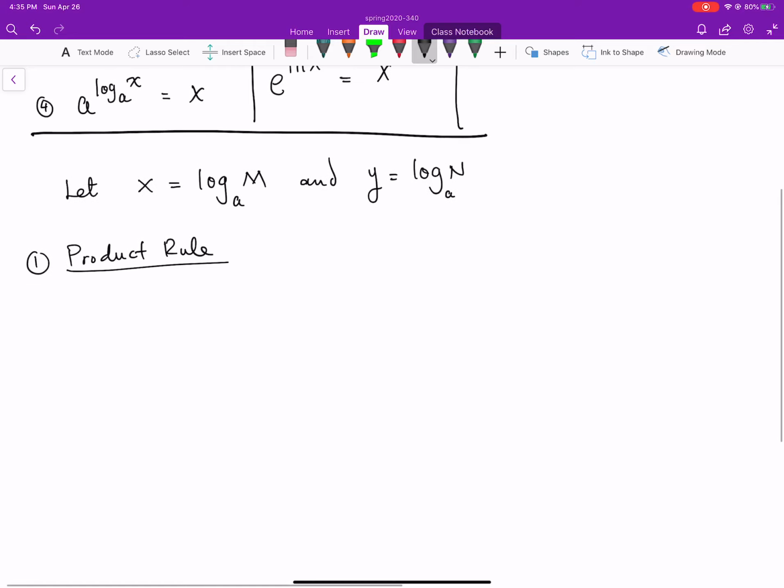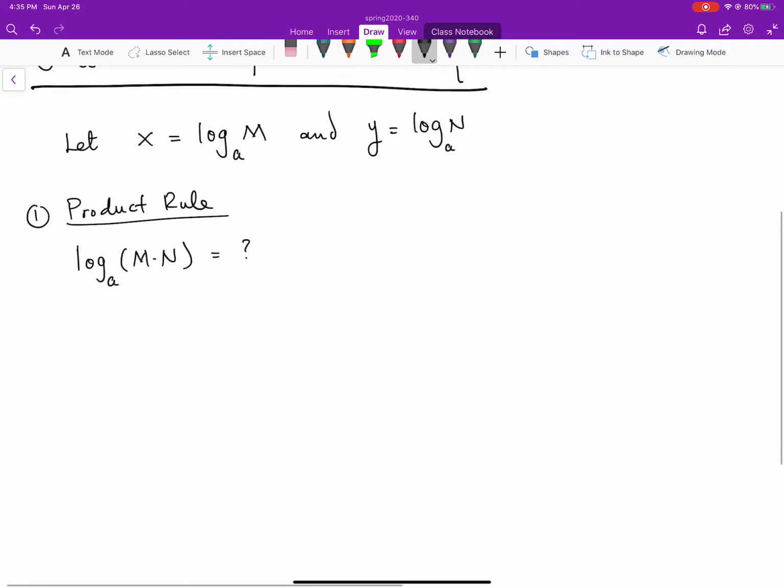All right, so the product, as the word says, I'm multiplying 2 factors. So I have the log a of m times n, and I want to find out what this is equal to. Okay, so let's do a quick proof of how we arrive at the answer. With my declaration above, let's do a little bit of manipulation. I'm going to switch them to exponentials.